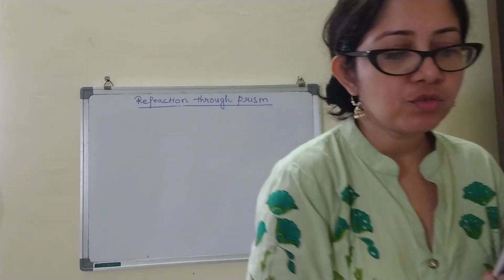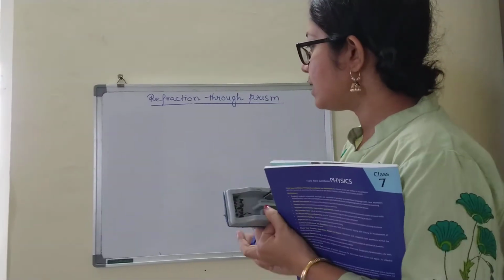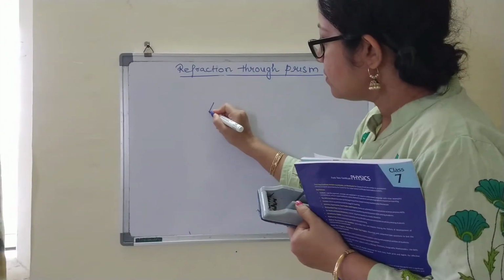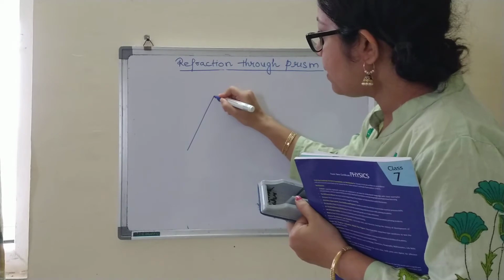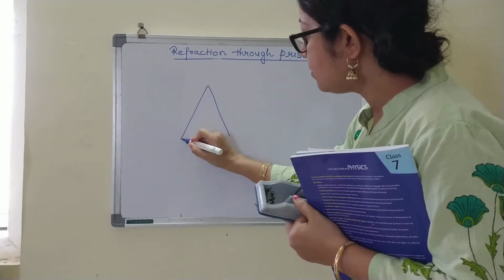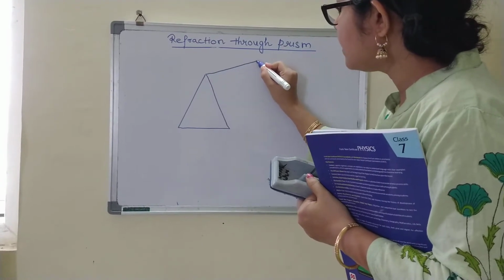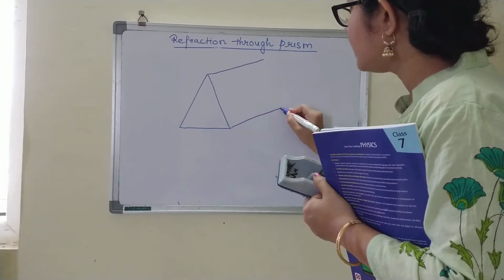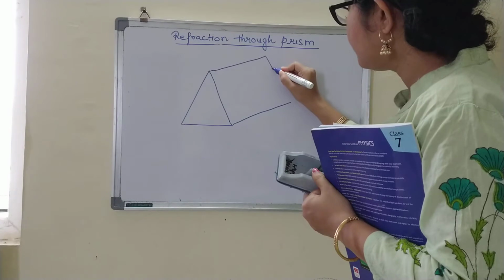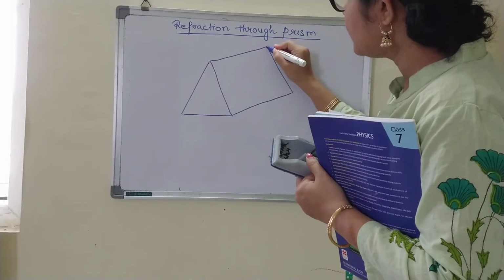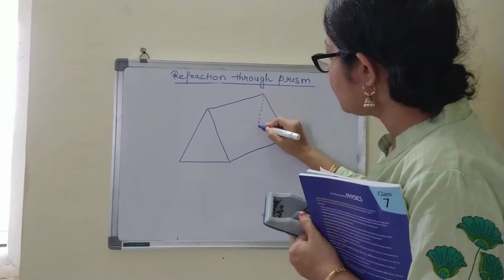Now when I draw this on the board, how does it look? So the front part is a triangle. And this is the side surface. On the other side, there should be the other surface.